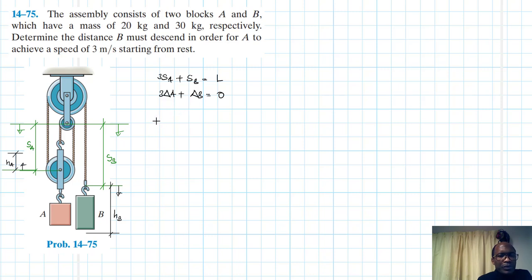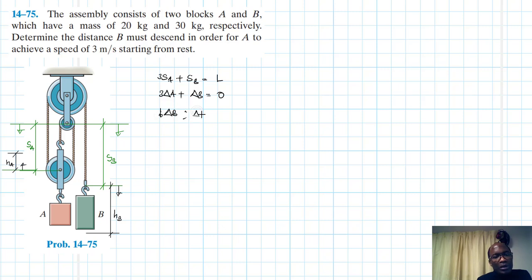Okay. So the question here is to find distance B. So you know what distance B is. So we have distance B going down.